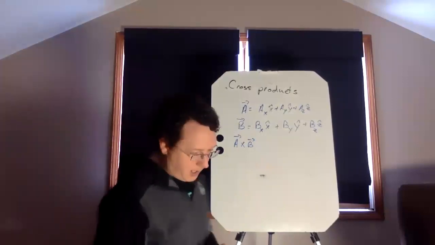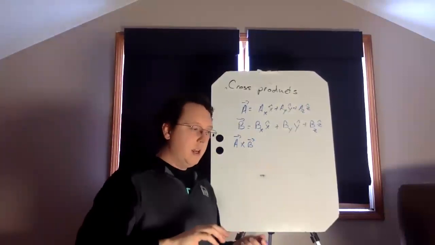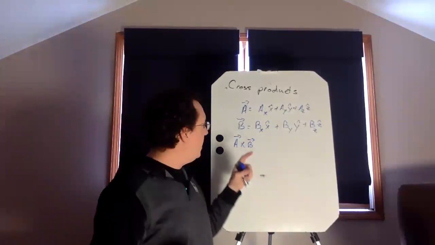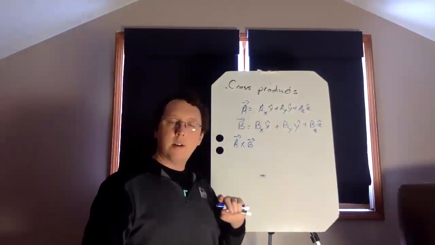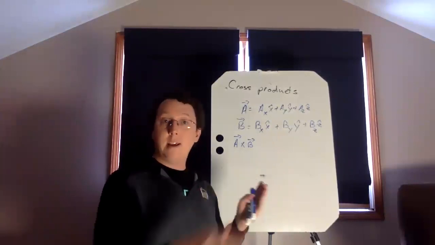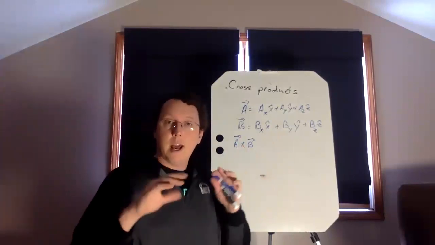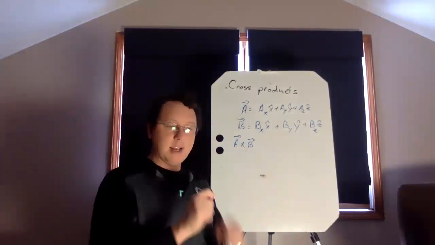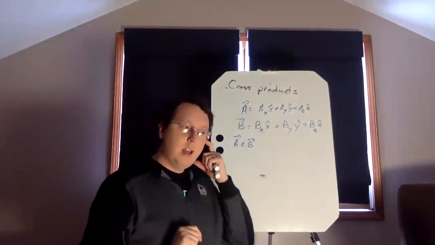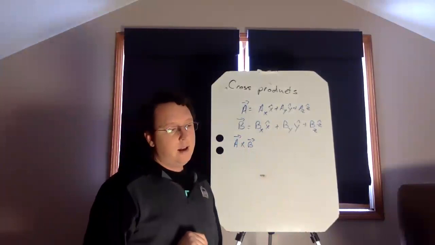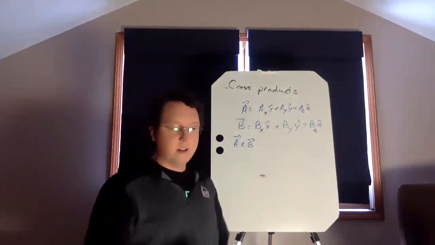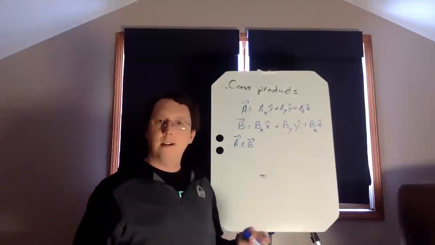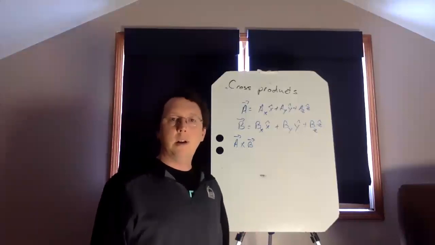So here's the thing. You need a way to pair up pieces from A and pieces from B. It can't have any diagonal terms, because it has to be anti-symmetric, and it also needs to just multiply the components. We don't want to do any further stretching. Well, that's exactly what a determinant does.